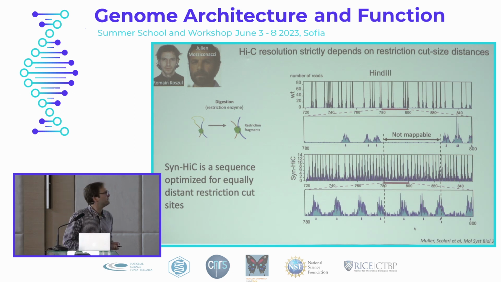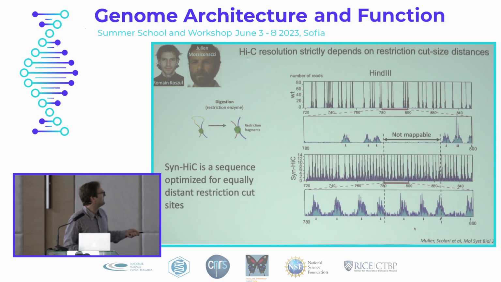So in the lab, we developed a synthetic sequence that had engineered cut sites, such that they were all more or less equally distant, within the limit of keeping the genome functional.